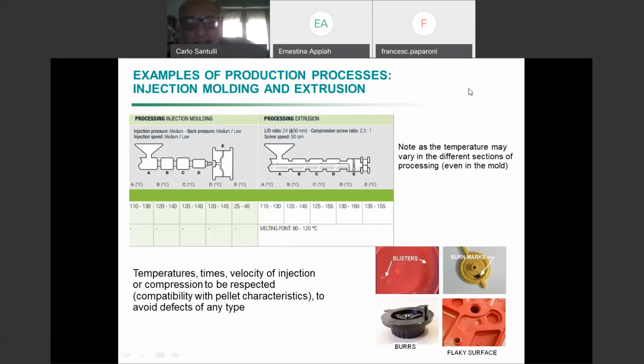In some cases, in extrusion, for example, this is the case for polyethylene, you need to go over the melting point at some points, and you have to control the flow.